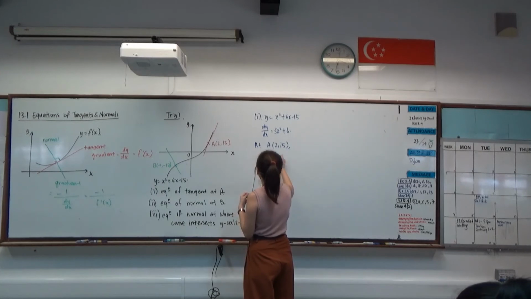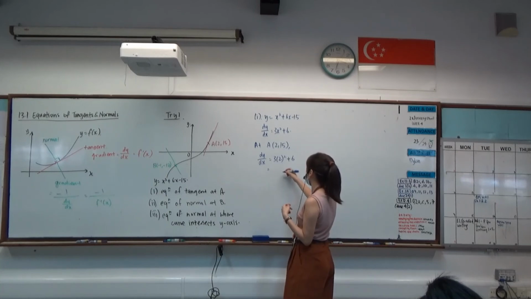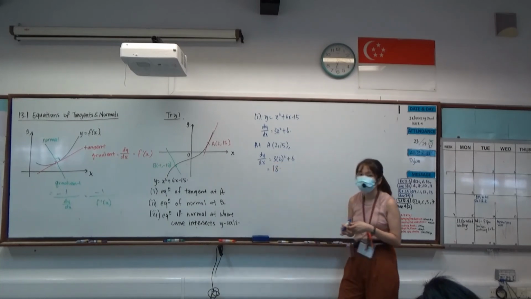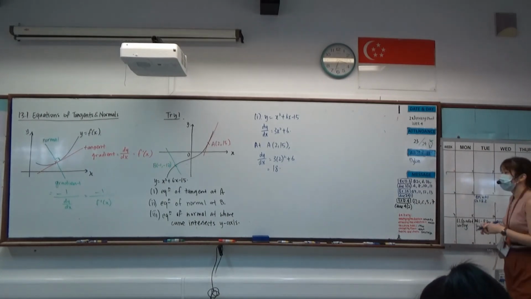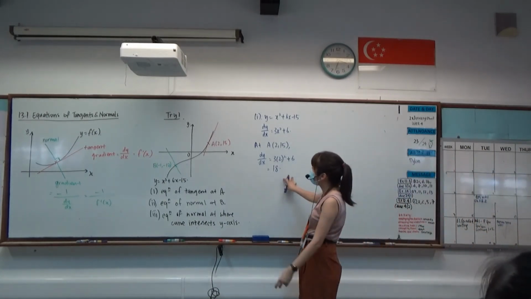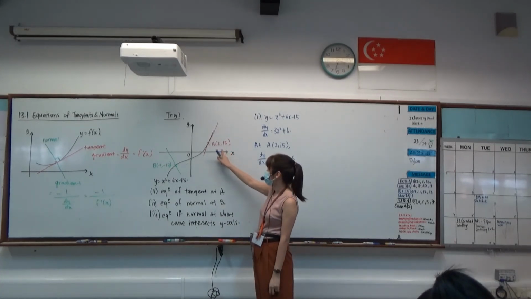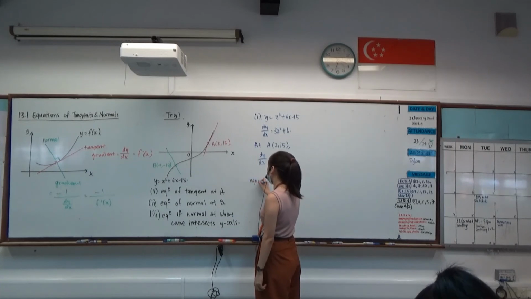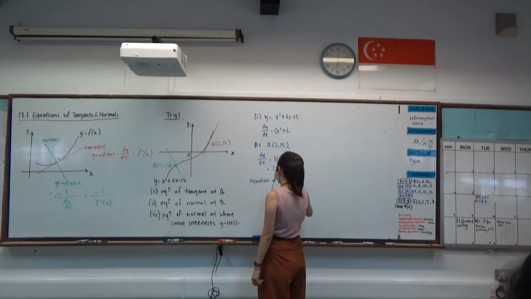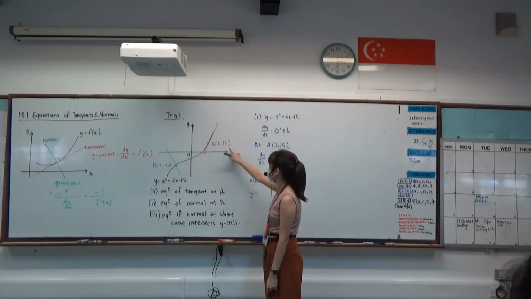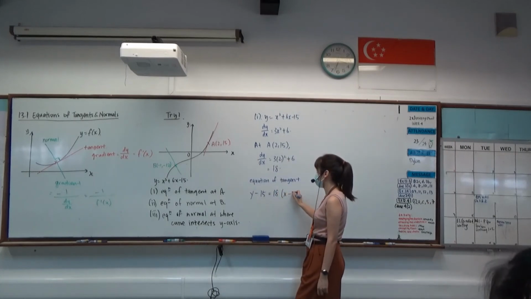I will get 12 plus 6, 18. Okay, so with the gradient equal to 18, and since we are given the point, the equation of the tangent can be found by y minus 15 equals gradient times x minus 2.